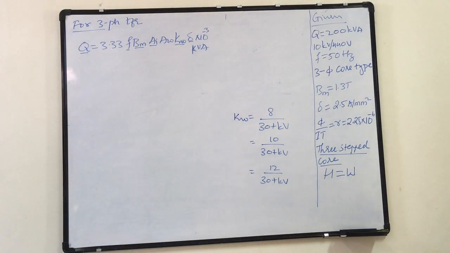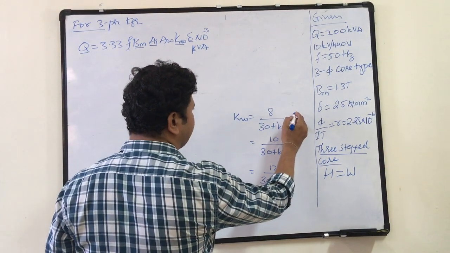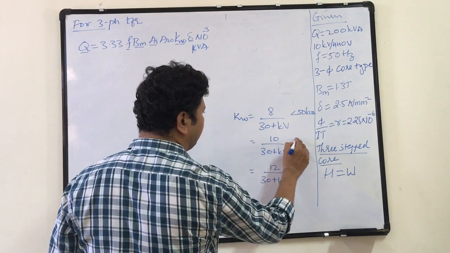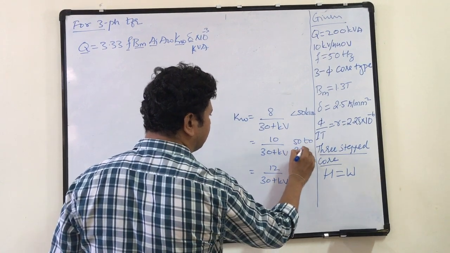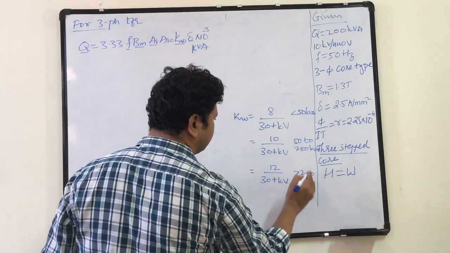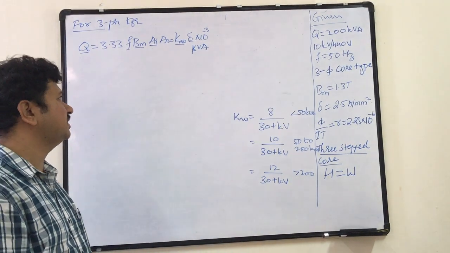So 8 divided by 30 plus kV is for less than 50 kVA. The second is for 50 to 200 kVA. The third is above 200 kVA. So the given transformer rating is exactly 200 kVA. I will be choosing the third equation, 12 divided by 30 plus kV.